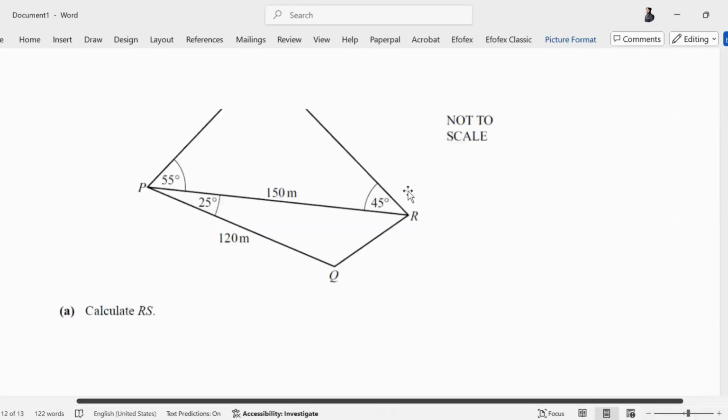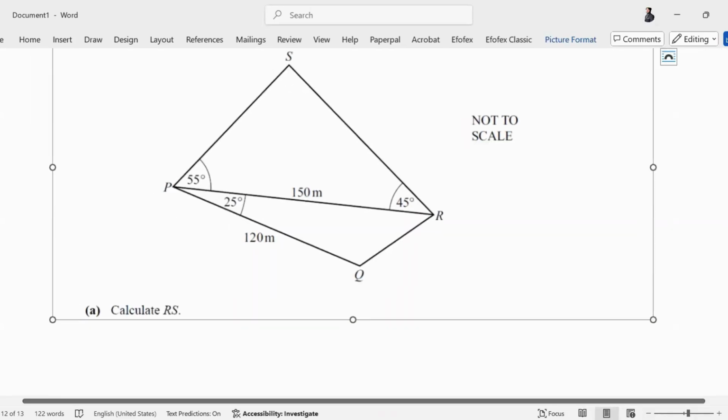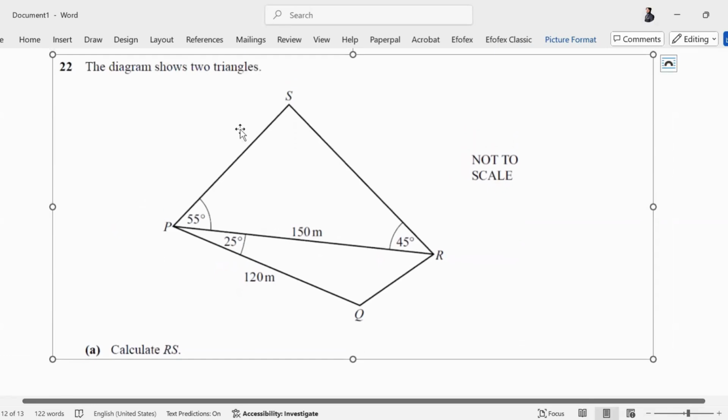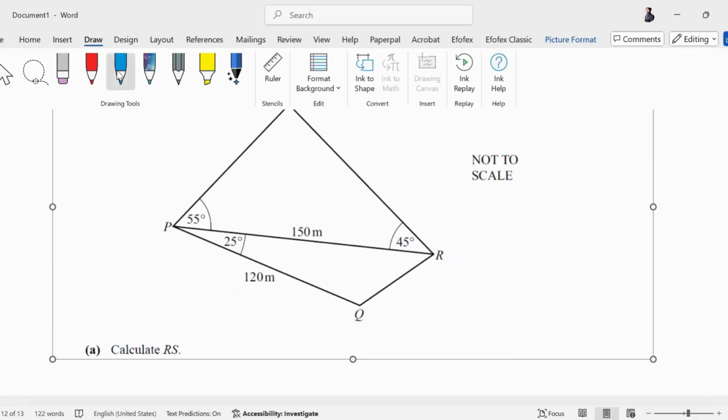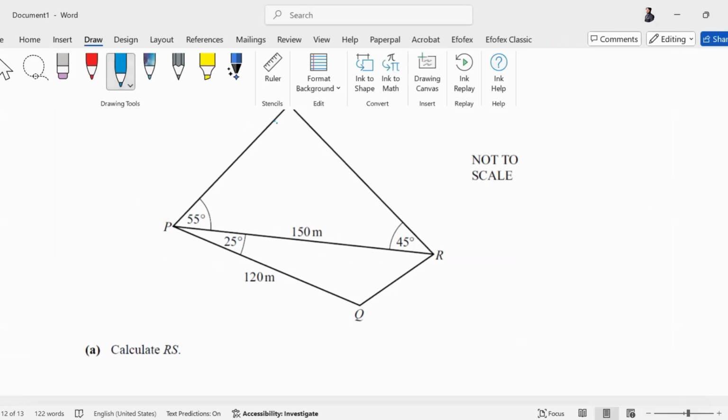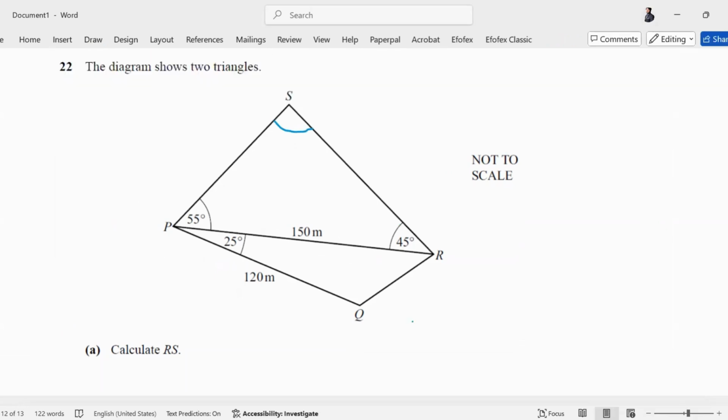Then the next one, this is a question in which the diagram has shown us two triangles and it wants us to calculate RS. So if I want to calculate RS, I will want to use sine rule, but I do not have this angle. I'll first find out this angle. How will I do that?